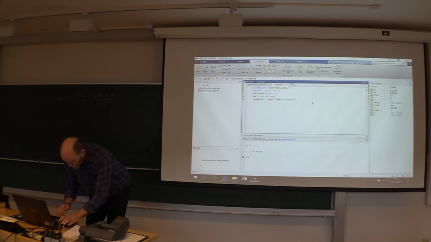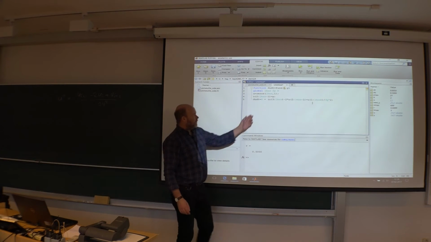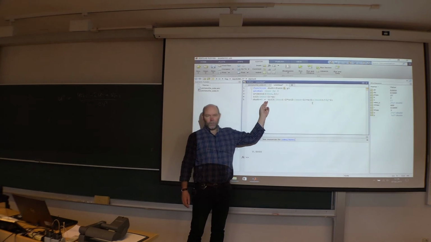And then minus 2 times the center, which will now read from 2 to j max minus 1, the internal points. And then finally plus u, and then the one that starts with 1 all the way up to j max minus 2. There you have written it in a vector form.